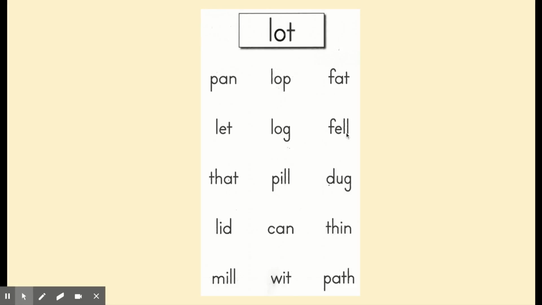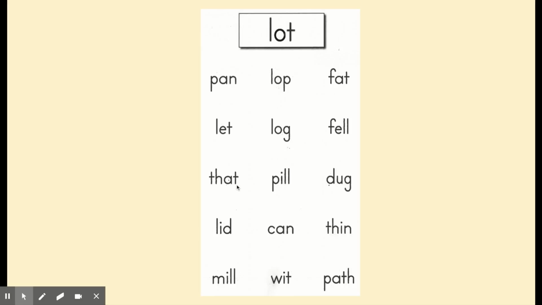Fell. Some words end in double L's. If it sounds like ol, the second L is silent. So in the word fell, even though there are two L's, we only hear the first L. Fell.